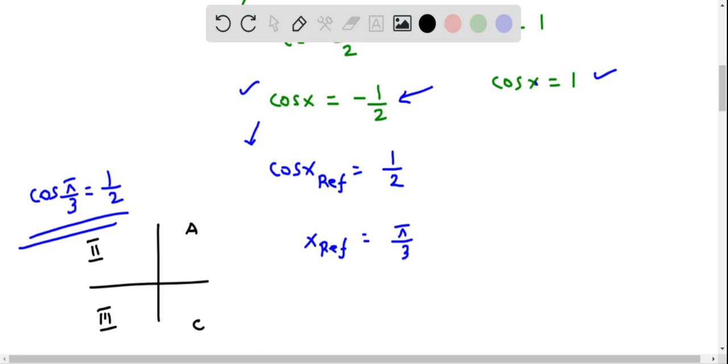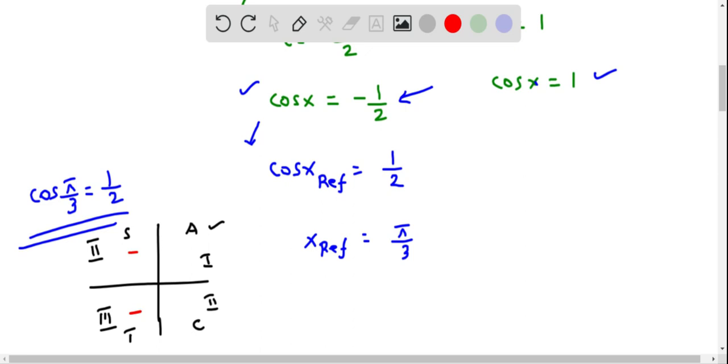Cos is positive in the first as well as in the fourth, which means it is negative in the remaining quadrants. So we know that the reference angle is pi by 3 and cos x is negative. Using these two pieces of information, we determine that the angle should lie either in the second quadrant or in the third quadrant.